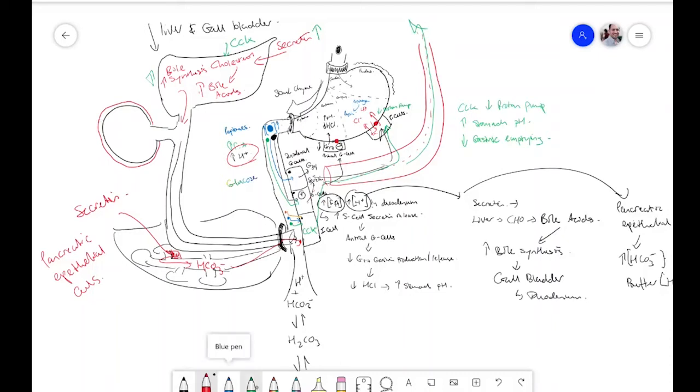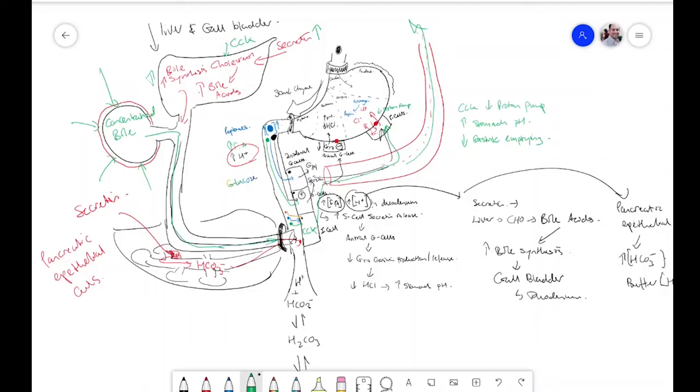Now, what CCK will do is it will cause that muscle to contract and for the gallbladder to empty concentrated bile out into the common bile duct.